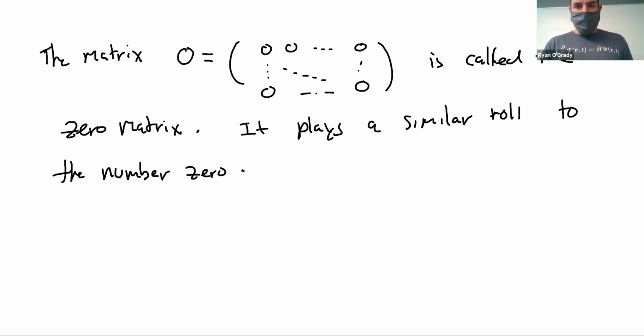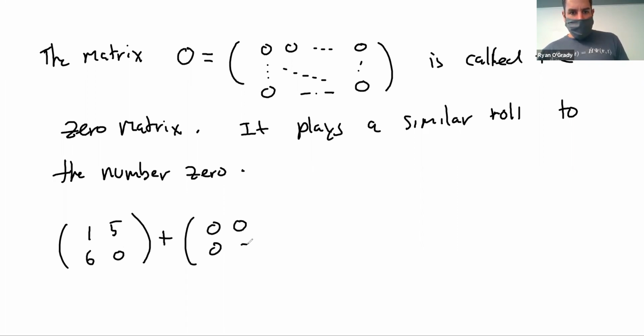How is it possible that it does this? It's easy. You define a matrix that has all zeros. Take something like 1, 5, 6, 0. If I add it to the zero matrix, what happens? I just get 1, 5, 6, 0.